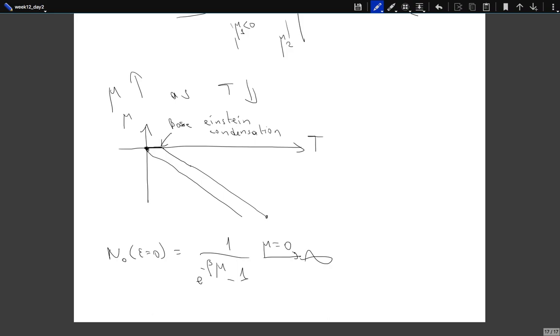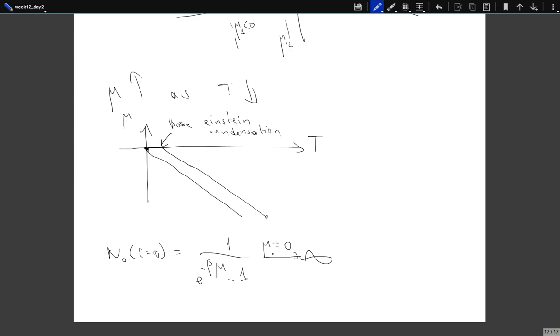That's not so problematic because keep in mind that we are dealing mainly within the thermodynamic limit. In the thermodynamic limit, when temperature goes to 0, all the particles are in the ground state, but the number of particles we have is already infinite. So this being strictly equal to 0 is valid only in the thermodynamic limit.